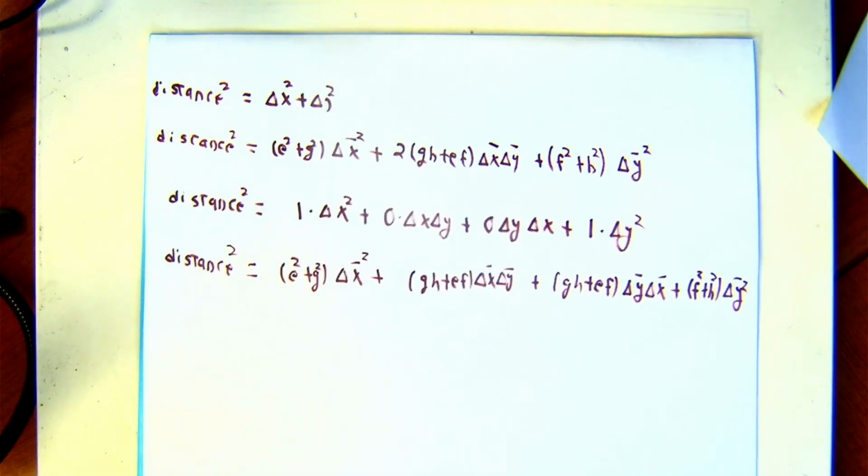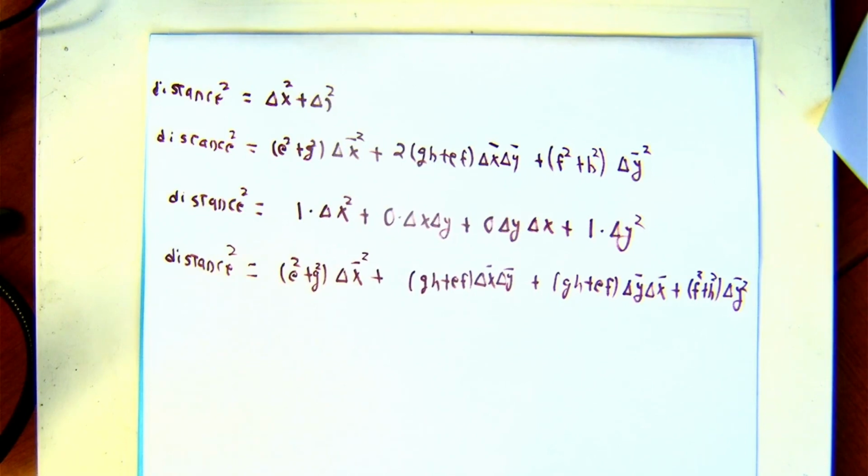I can write the Cartesian distance squared as 1 times delta x squared plus 0 times delta x delta y plus 0 times delta y delta x plus 1 times delta y squared. It looks very odd to write it like that, but I have my reasons.